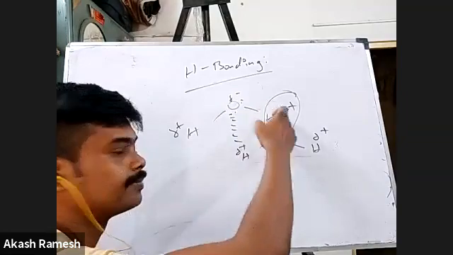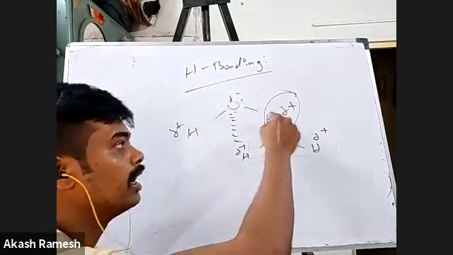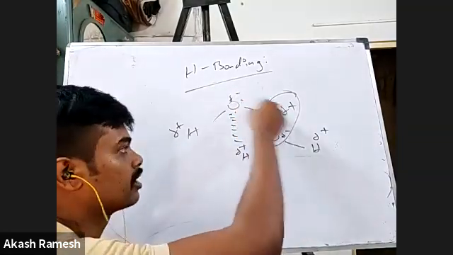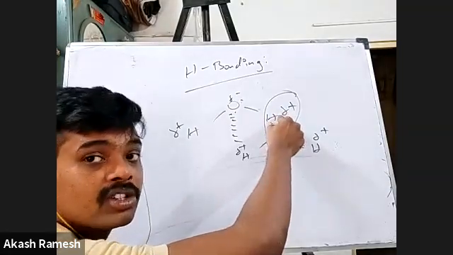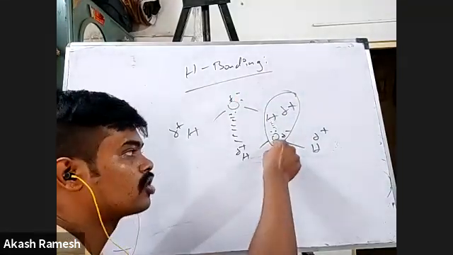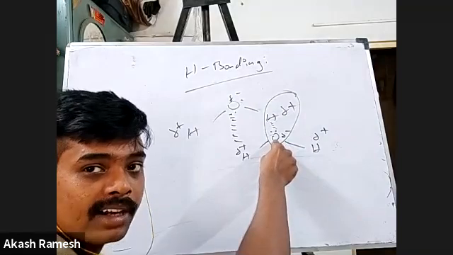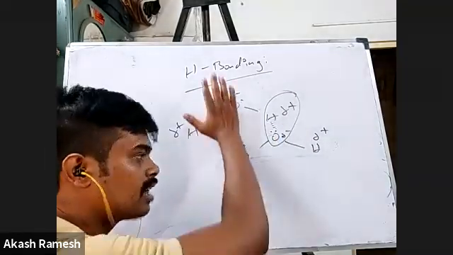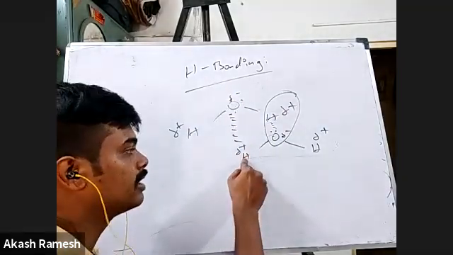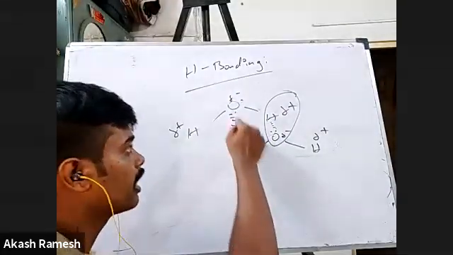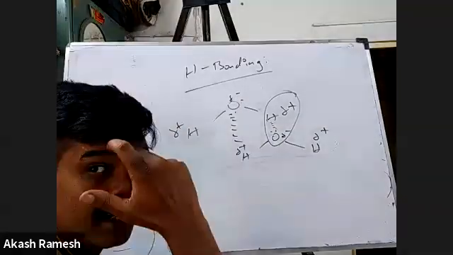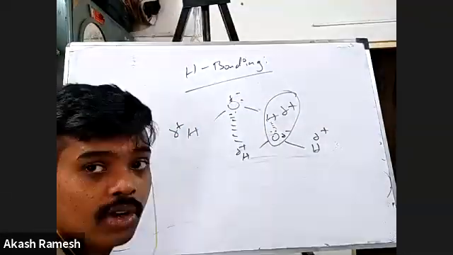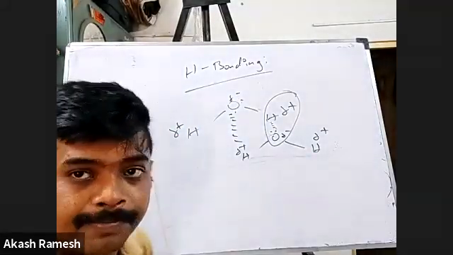Again, I repeat, this OH bond is acting as a hydrogen donor because this is what is having H del plus. And this oxygen atom is going to act as hydrogen acceptor. This is about this hydrogen bond. If I look at this hydrogen bond, right, this OH bond acts as hydrogen donor and this oxygen molecule acts as hydrogen acceptor.